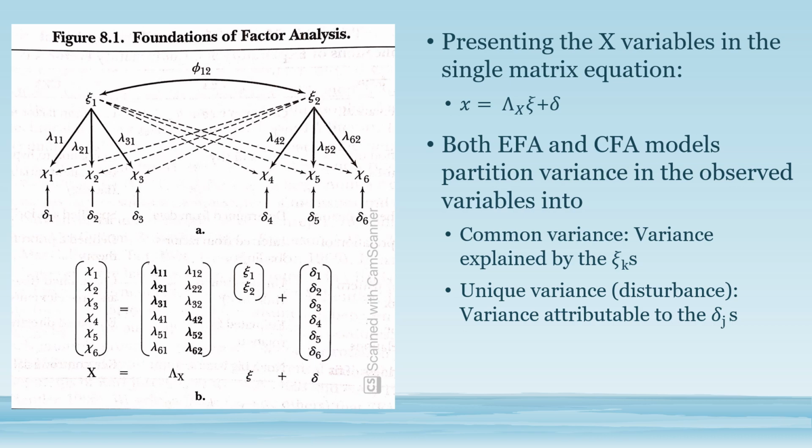Both factor analysis models partition the variance in the observed variable into the common variance, that is, variance shared among a set of items, or the variance explained by ξ, the latent variable. Another portion of the variance is called unique variance. It is also called disturbance, that is, the variance attributable to the deltas, or the variance that is unique to each of the individual items.